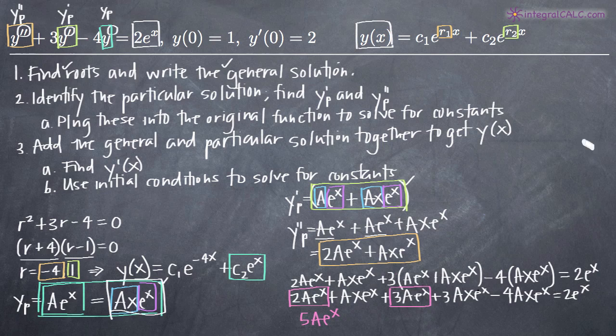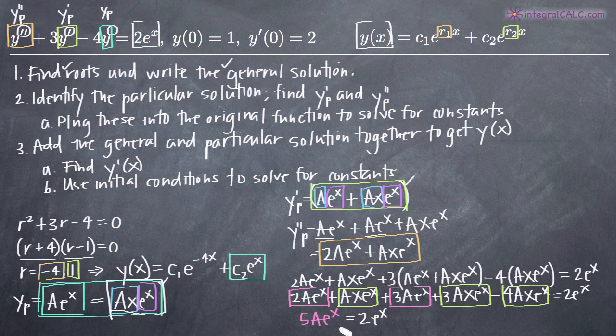Then in a different color, we have 1ax e to the x plus 3ax e to the x is 4ax e to the x, minus 4ax e to the x is going to give us ultimately 0. We've got 1 plus 3 is 4, minus 4 is 0, so that's going to go away completely, and we'll just be left with equals 2 e to the x.